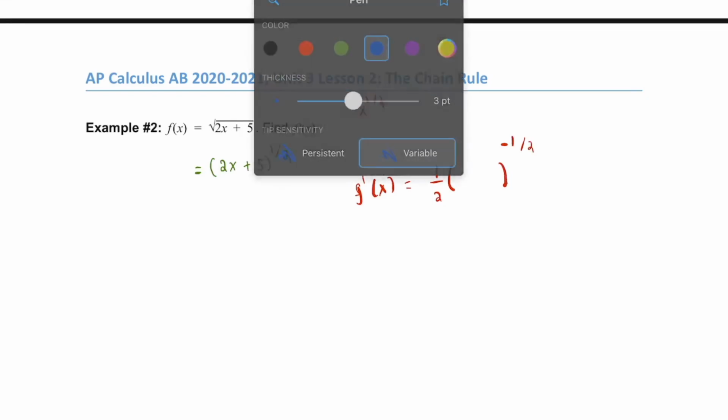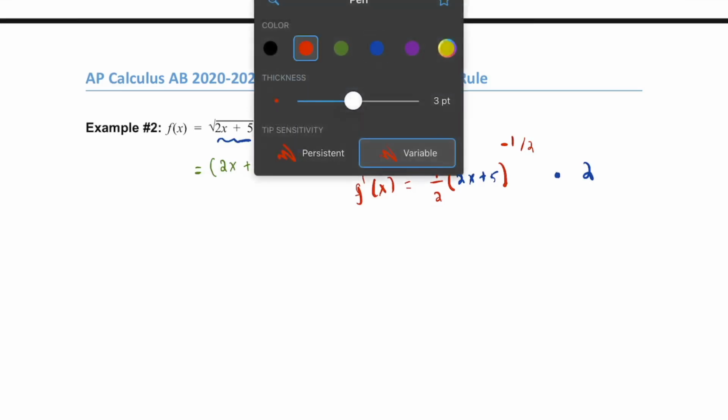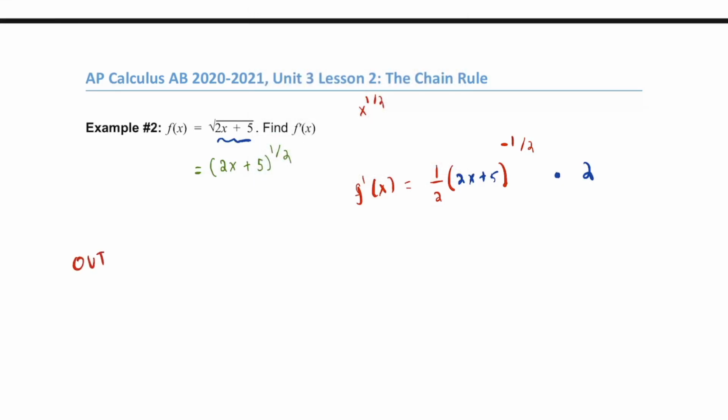Then I'm going to stick in my inner function, my 2x plus 5, times the derivative of that inner function, which is 2. But really what's going on here is your outer function, your g of x is x to the 1/2, your inner function is 2x plus 5.